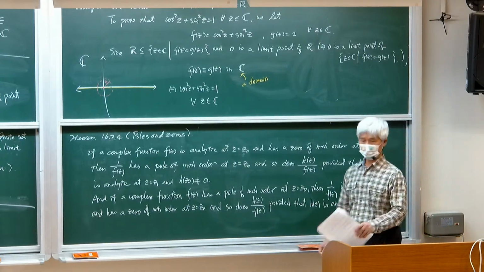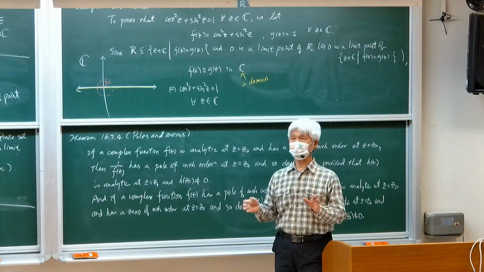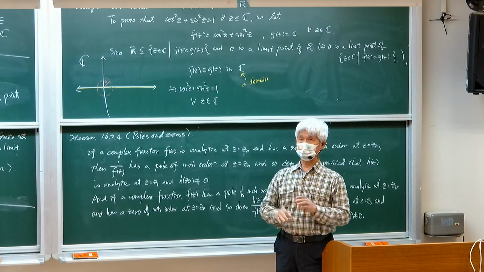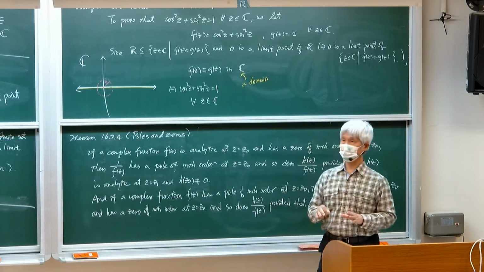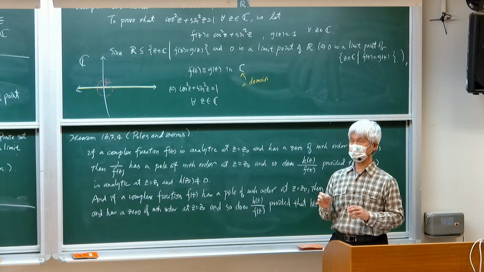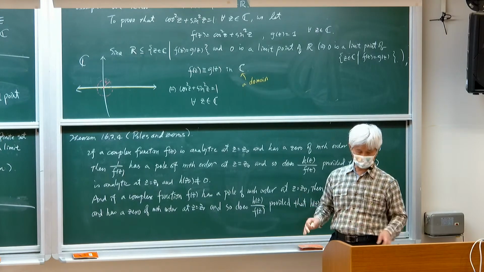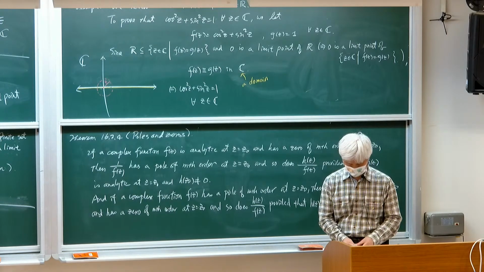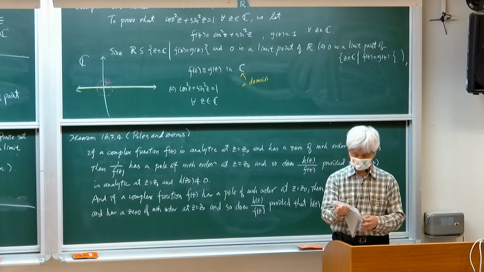So this theorem gives us, by taking the reciprocal, you turn a pole into a zero of the same order, and a zero into a pole. This is quite essential.